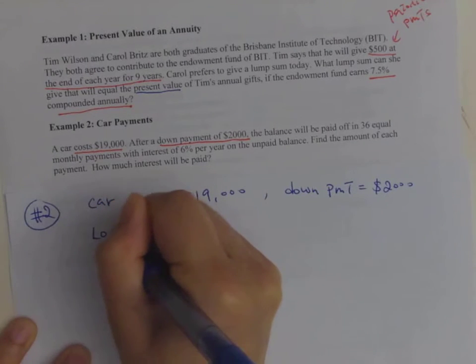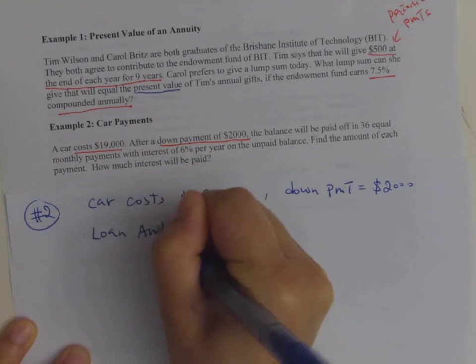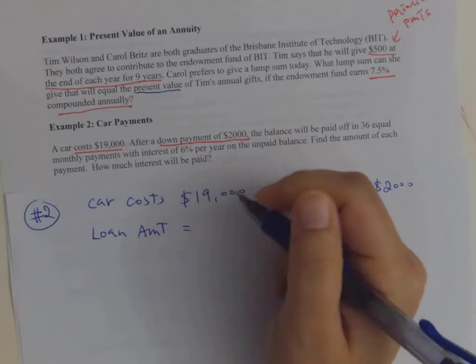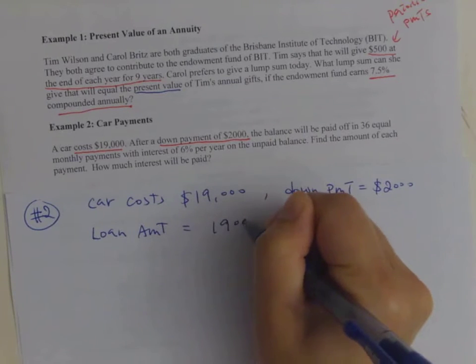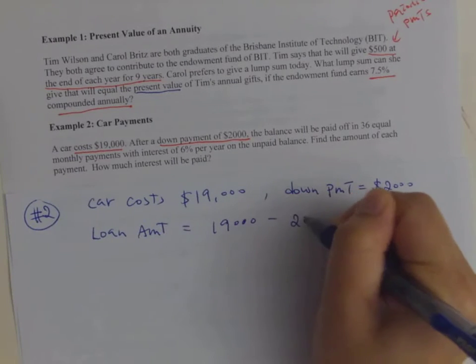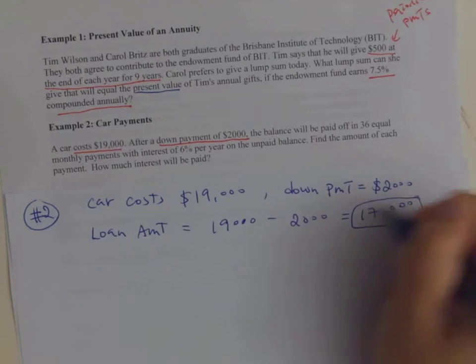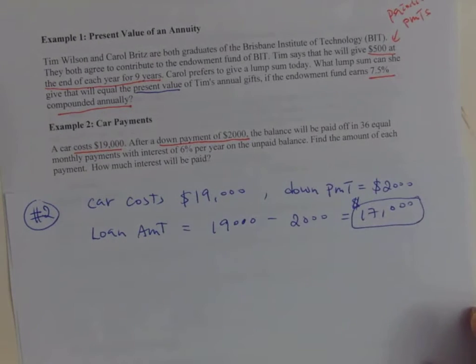So the loan amount should be 19,000 subtracting 2,000, equal to $17,000. So you're only borrowing $17,000.